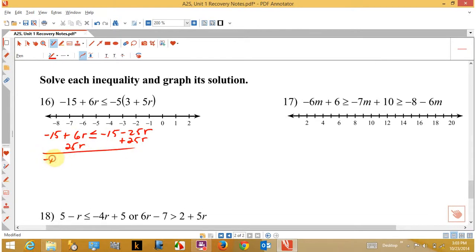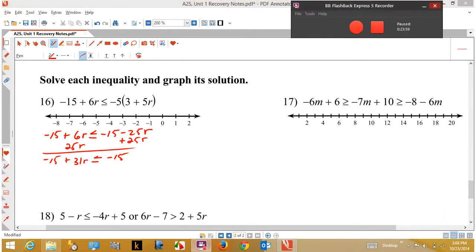Get negative 15 plus 31r is less than or equal to a negative 15. Okay, continuing, let's add 15 to both sides.